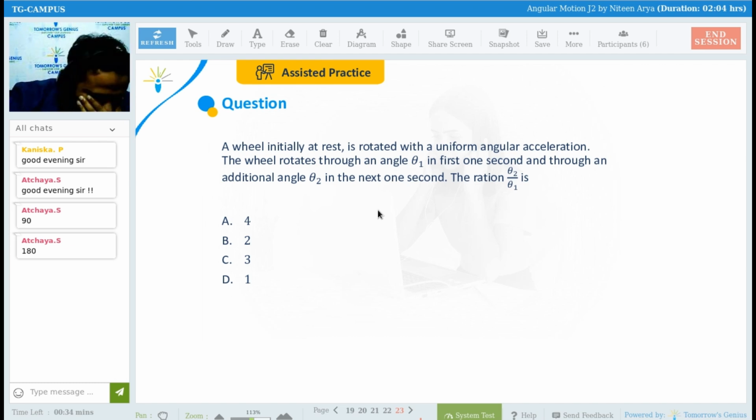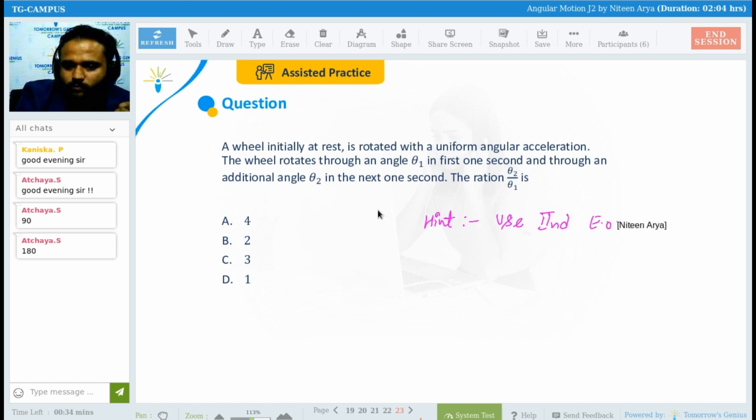Do this with this thing. This is the easy one. The hint is simple. Use the second equation of motion in circular motion.